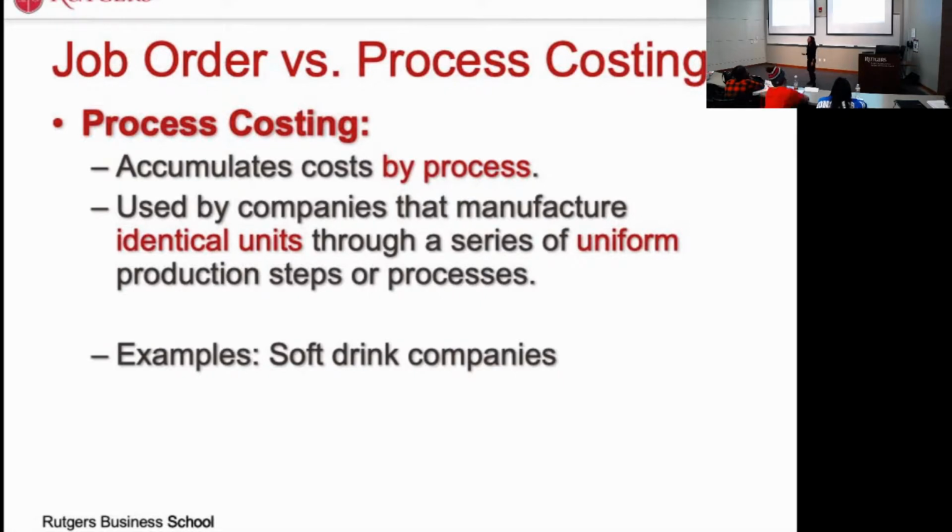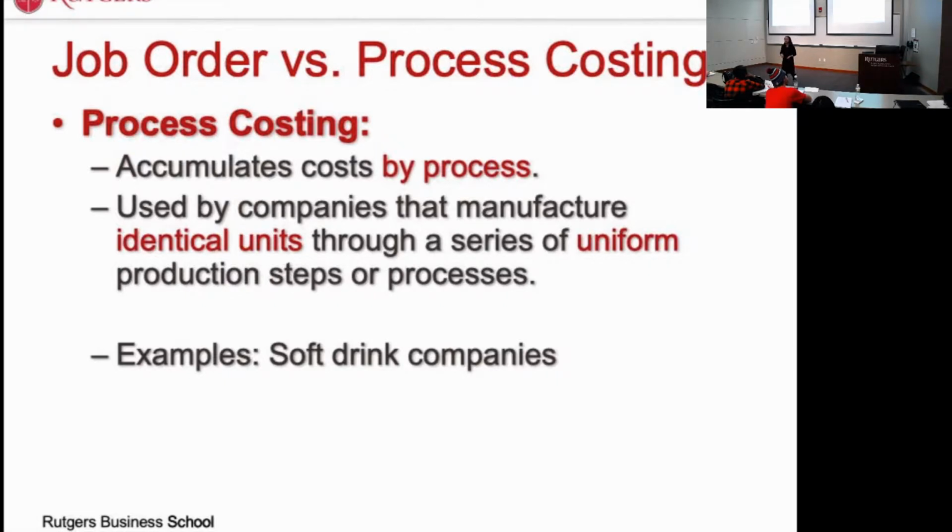So what other examples can you think of that use the process costing system? Jill. A car manufacturer when they don't make a special order car. Right, when they make a batch of homogeneous products. Yes. Nike and shoes. Yeah, that counts. For a homogeneous batch of shoes, right? Yeah, Megan. Clothing, like mass clothing production.